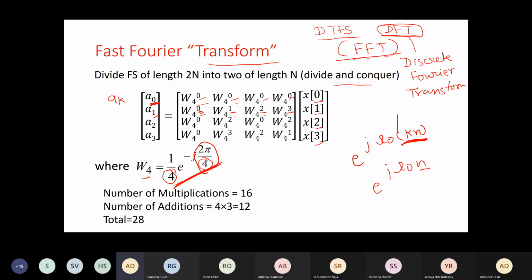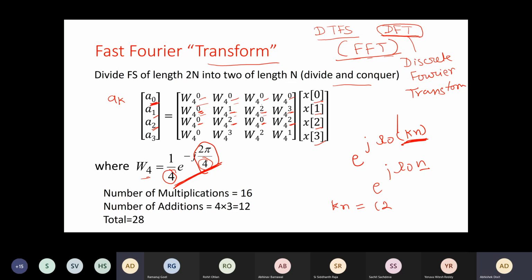Here my k is 2. So let me look at kn. 2 times 0, which is 0. 2 times 1, which is 2. 2 times 2, which is 4. But 4, again, you have the phase wrapping or frequency wrapping. So 4 is same as 0. Now 2 times 3, which is 6. But we have to consider this modulo 4. So 6 modulo 4 is 2. You understood this modulo thing that I'm talking about, right?